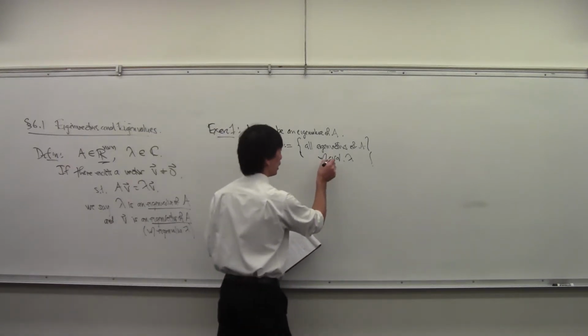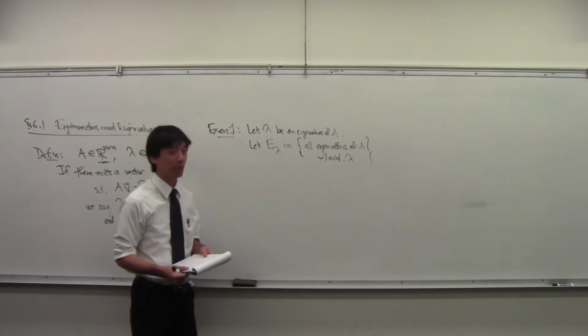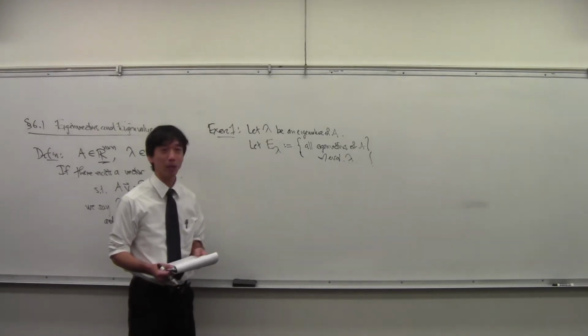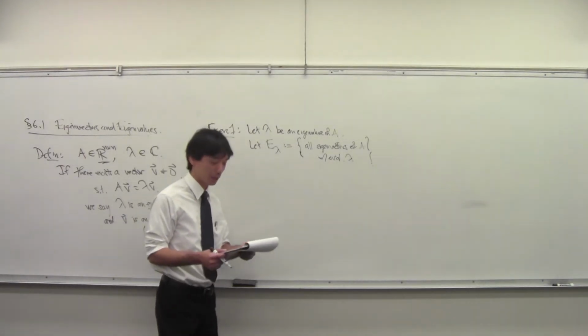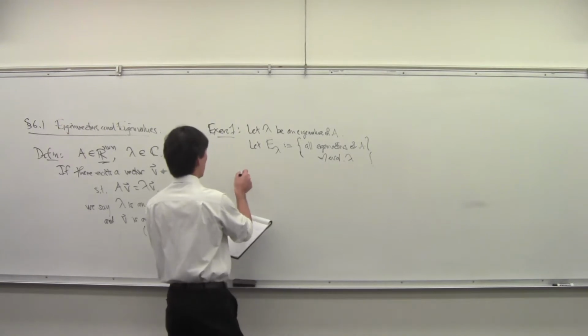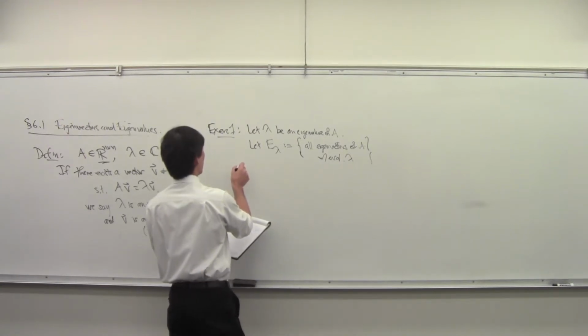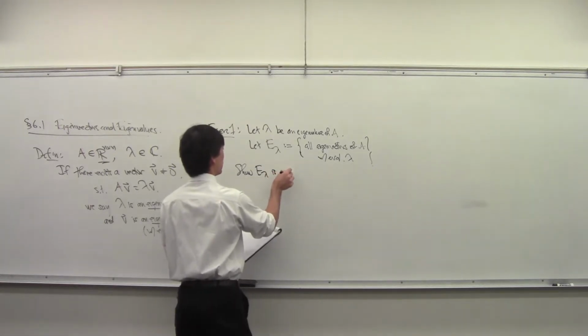I tend to abbreviate eigen as just an E. So if I write E vectors or eval, I mean eigenvectors and eigenvalue. Sorry, it's not that good an abbreviation. Show E sub lambda is a subspace.